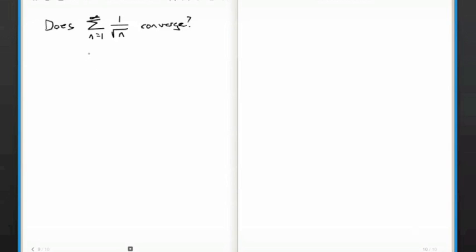That equals the sum n equals 1 to infinity of 1 over n to the 1/2. Well, 1/2 is less than 1, so I suspect this won't converge either. So at this point I can skip straight to the punchline and say diverges by the p-test.